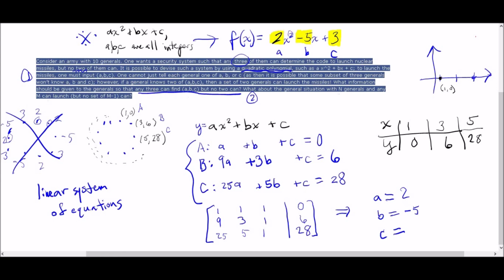Right? Then what we would have, if we wanted, say, 4 generals to have to come together, is a polynomial function with 4 coefficients. And that would be of degree 3.